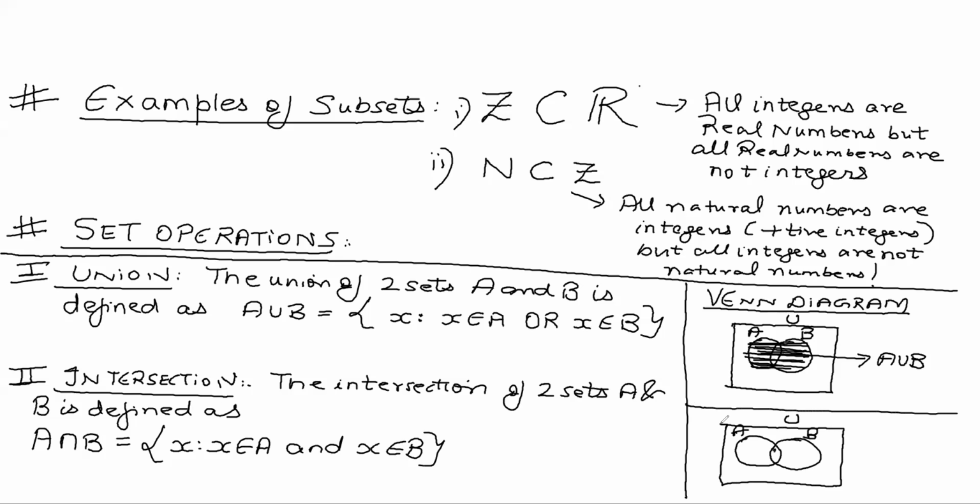That means only this portion belongs to both A and B. So this is A intersection B.